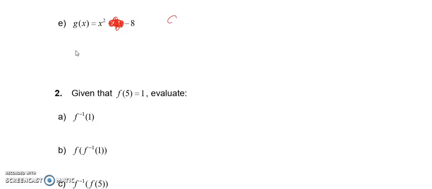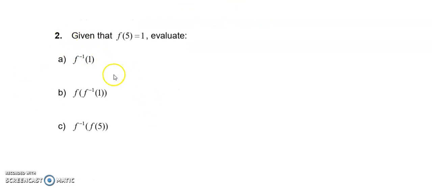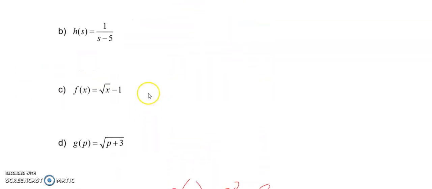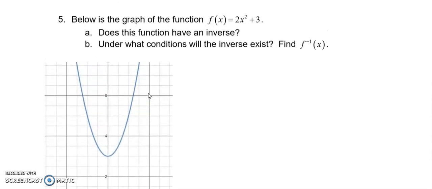You just use the function g of x equals x squared minus 8. Now there's something else you have to do with that as well, and you'll see now once I do number 5 on the previous page. Number 2, I'm also going to assign for you to do. That's easy. Now let's just go back and look at number 5 on the previous page.